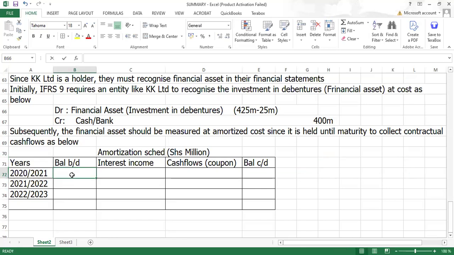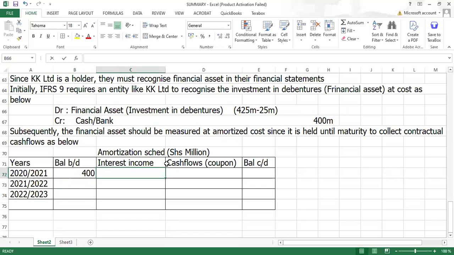The question is, here you're starting with how much? Initially you have 400 million. So that's what you're going to put here. If we are using fair value through OCI or fair value through profit or loss, you need to be very, very careful. So here you put the initial cost.